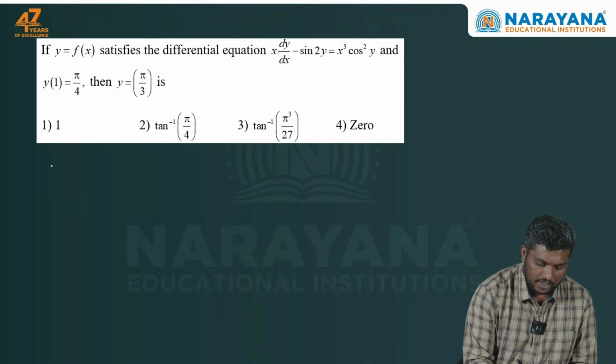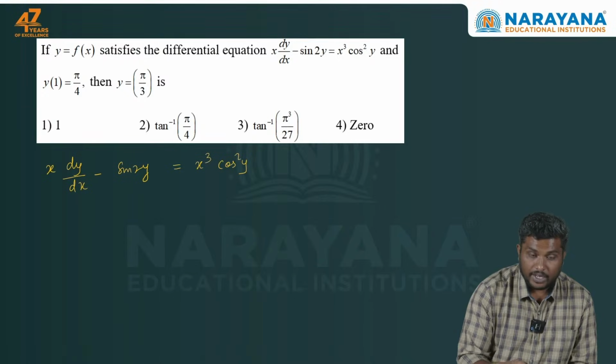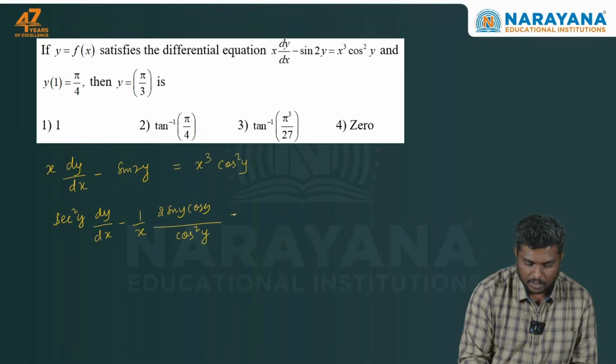So x dy by dx minus sin 2y is equal to x cube cos square y. Now upon dividing with cos square y on both sides and x also, I am getting secant square y dy by dx minus 1 by x into sin 2y, which can be written as 2 sin y cos y by cos square y, is equal to x cube by x.